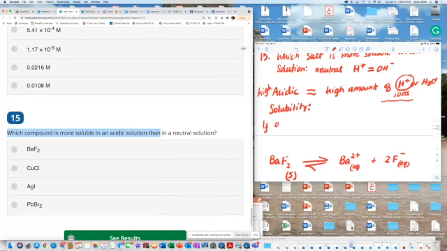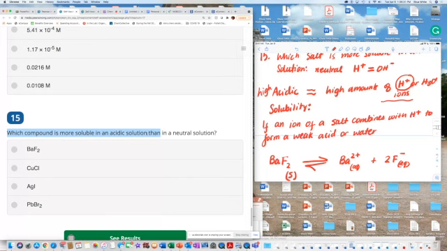If an ion of a salt combines with H plus to form a weak acid or water.